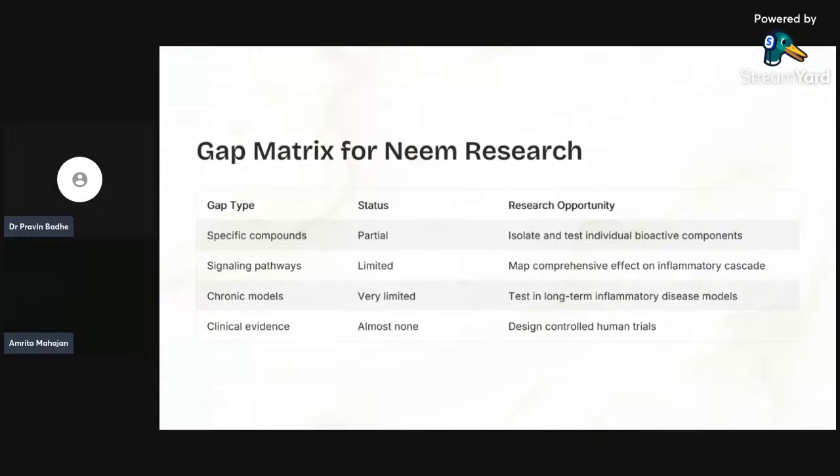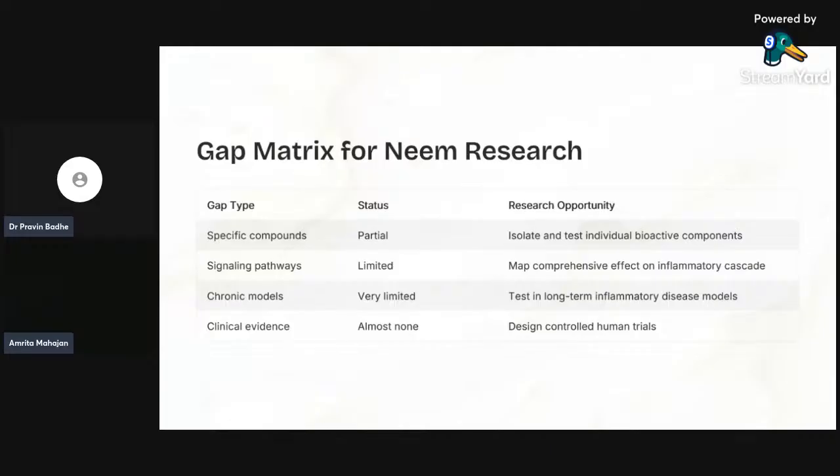So what you can do here is isolate and test individual bioactive compounds present in neem. Then signaling pathways, those are also partial. They have not targeted multiple pathways, they have only shown limited ones. So here you can map the effects on all the signaling pathways that affect the inflammatory cascade.